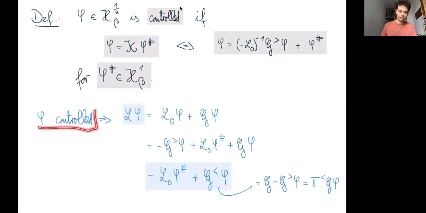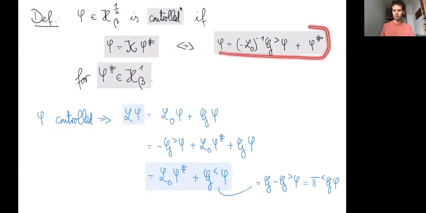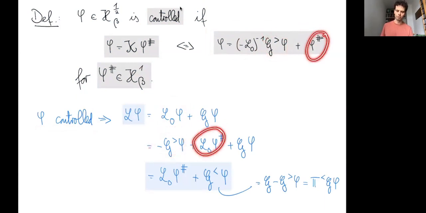So if phi is controlled, then L of phi is, by definition, L is L0 plus G, so we plug in the definition. And now we use this identity here, and we use it only in this term. So if we apply L0 here, then this together just becomes a minus. So we see minus G upper, this is here. And then we have plus L0 of phi sharp, this is here.